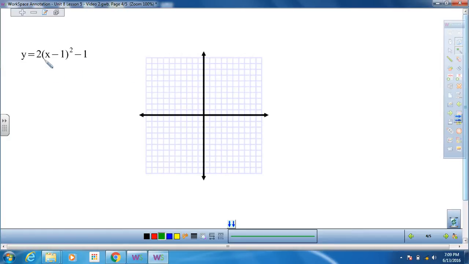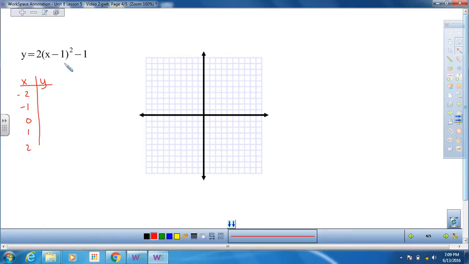Okay, so in this one we have an a value that is not 1, so I can't use the pattern. I really just have to make a table here, so it takes a little bit of time. We kind of just need to start with these 5 points if you want. Or we can go ahead and look at our vertex.